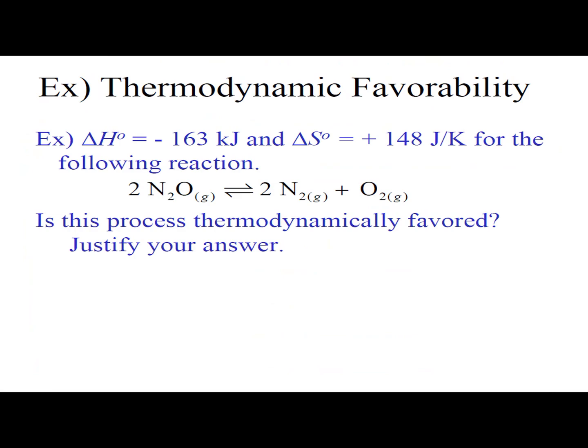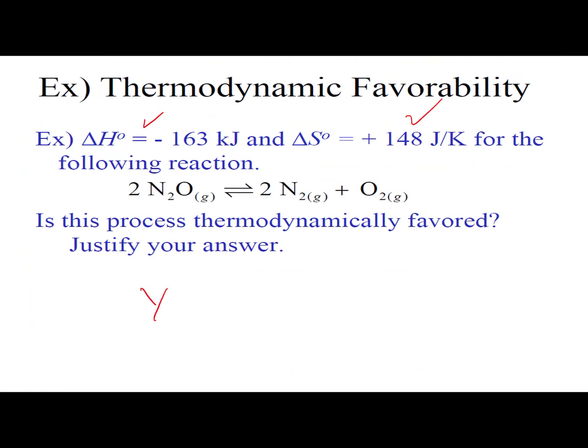All right, so let's do another example. It says delta H is negative 163 kilojoules, and delta S is positive 148 joules per Kelvin for the following reaction. Is the process thermodynamically favored? Now we can get in the habit of saying, hey, wait a minute, my delta H is negative and my delta S is positive.